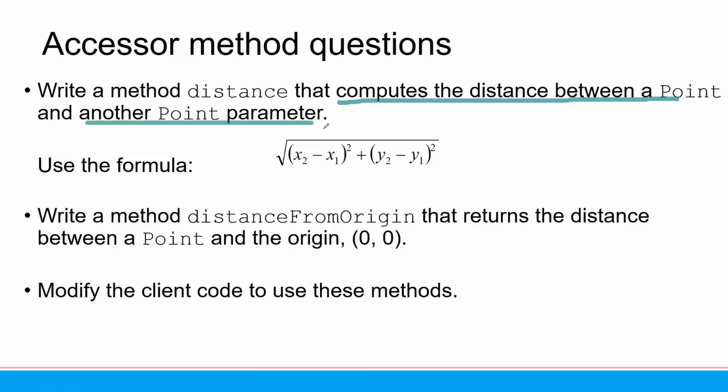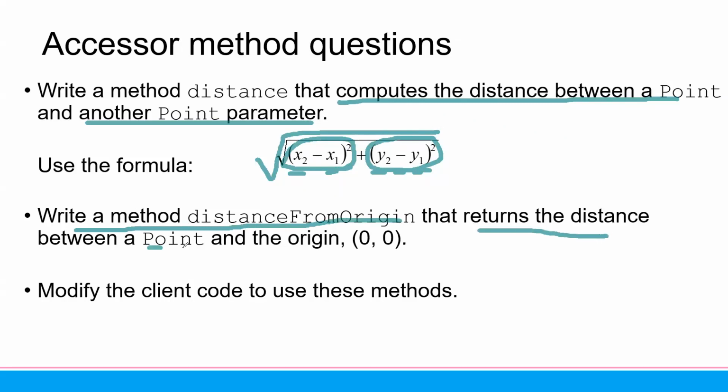So it will be x2 minus x1 plus y2 minus y1, and then we will do the square, and then we will do the square root. If I want to measure the distance from origin, it means the distance between the point and the origin, which is 0, 0.